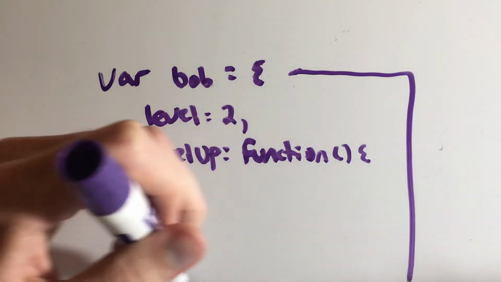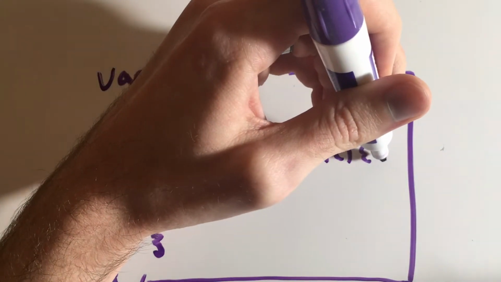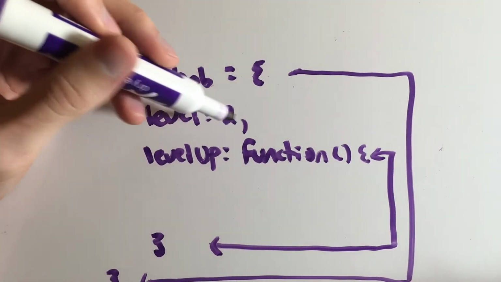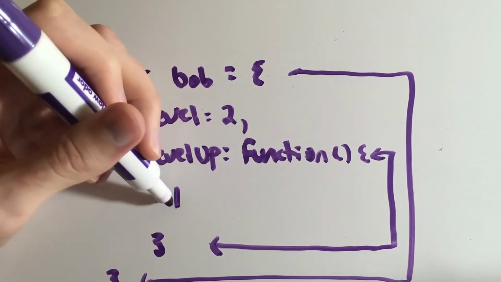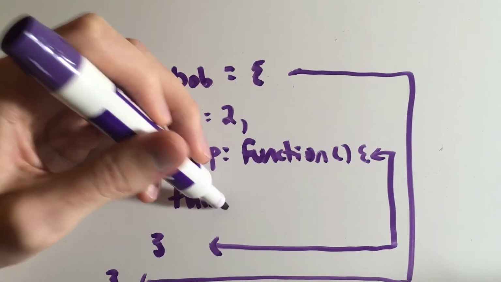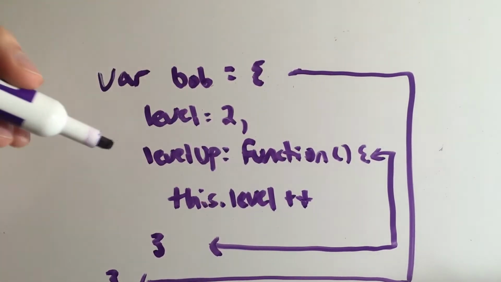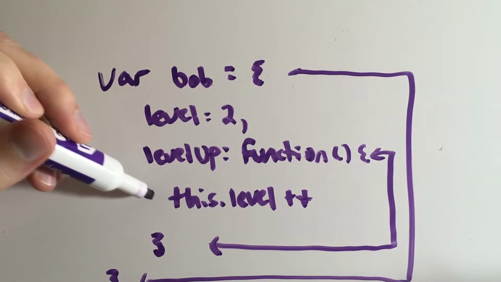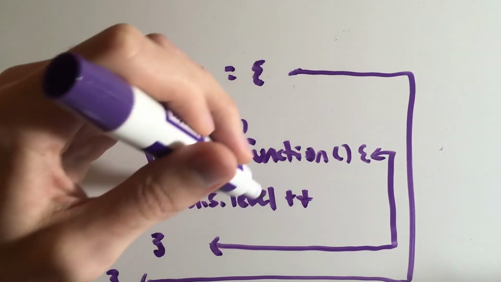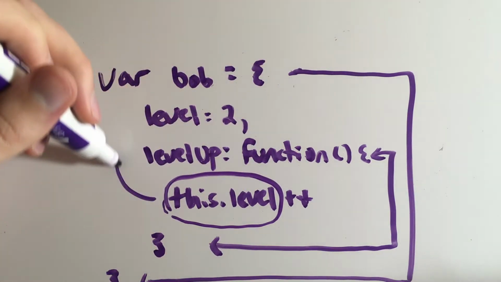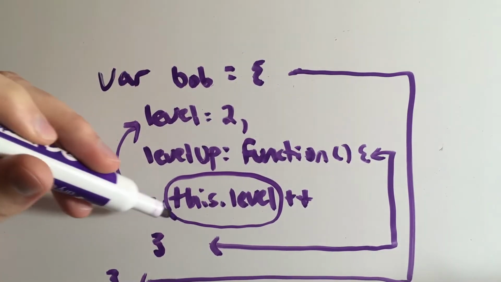I'll show you that these curly braces line up. And then lastly, we can write the this dot level plus plus statement, which should be executed to increment the level of the object. And again, like we previously saw, this dot level is referring to the level property that's attached to the Bob object.